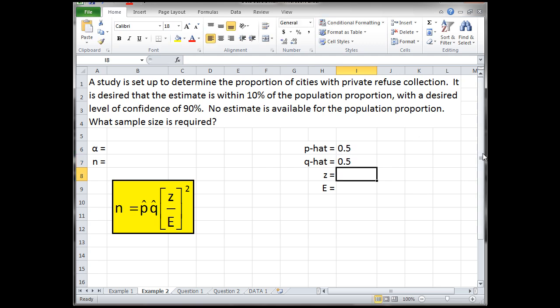Our z-score will come from the function NORM.S.INV, and it is related to something to do with the level of significance. So if we have a 90% confidence level, then we have a 10% level of significance. So looking for all the probability that would be contained below the top value of our confidence interval.